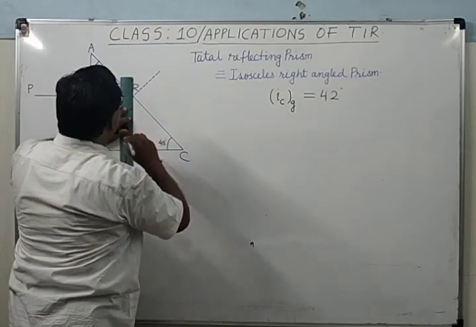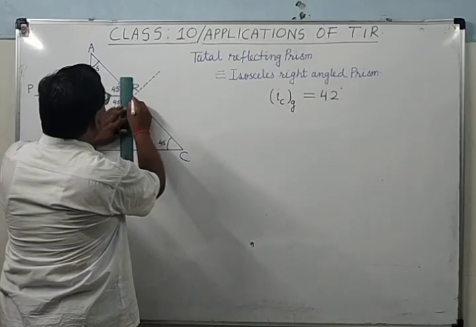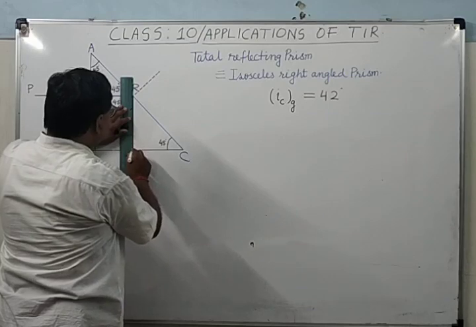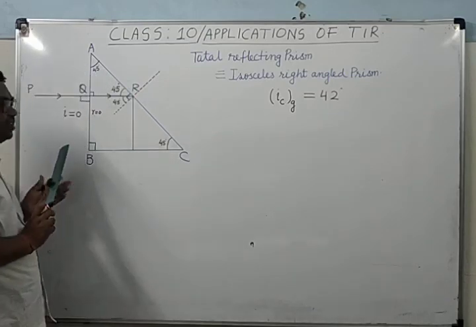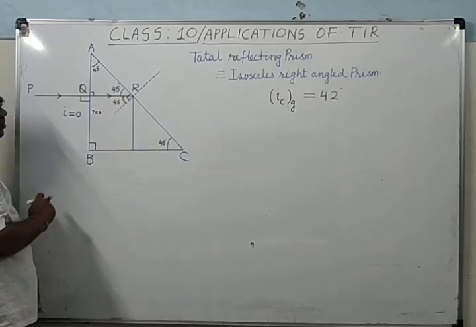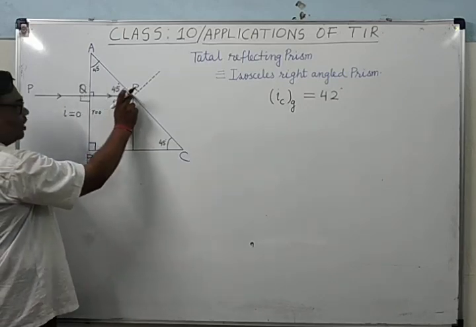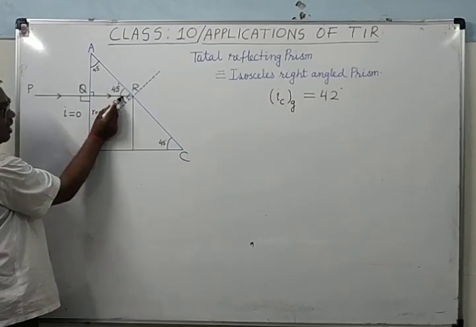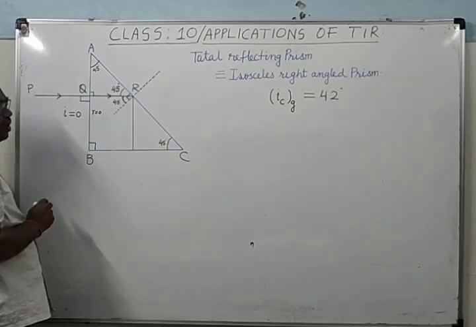What are the laws of reflection? The angle of reflection will be the same as the angle of incidence. Here the angle of incidence is how much? 45 degree, because QR is the incident ray and this dotted line is the normal, so this is the angle of incidence which is 45 degree.